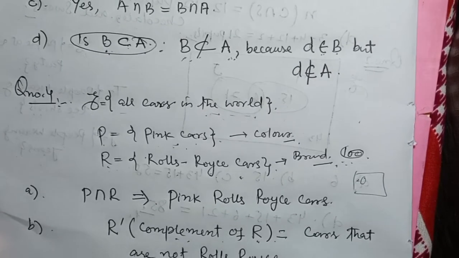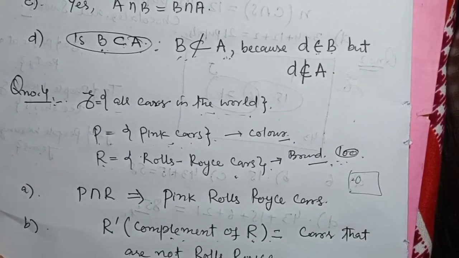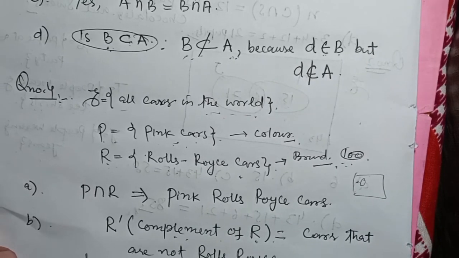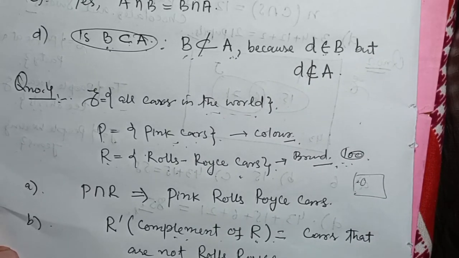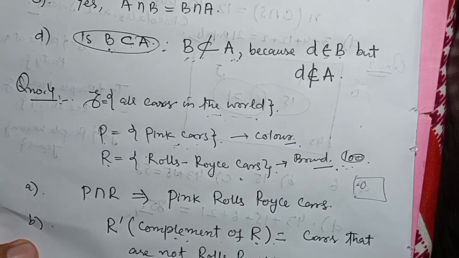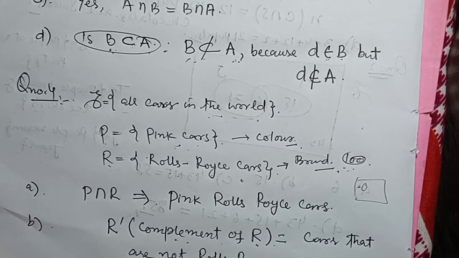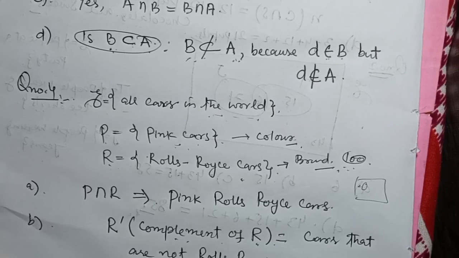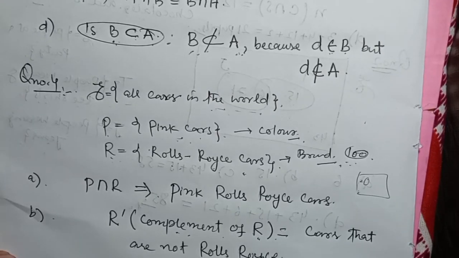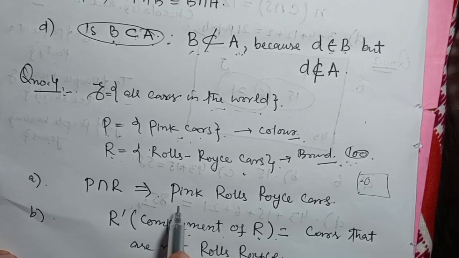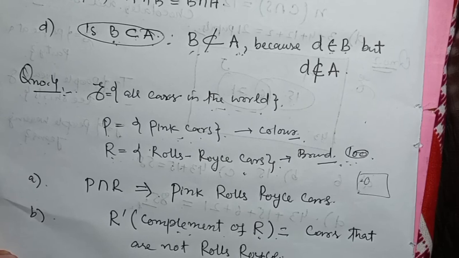That is the answer. Now C is: if P intersection R is phi. First we will understand this. Phi is the null set. The question is asking if P intersection R is phi. What does it mean? It means that the pink Rolls Royce cars are phi.